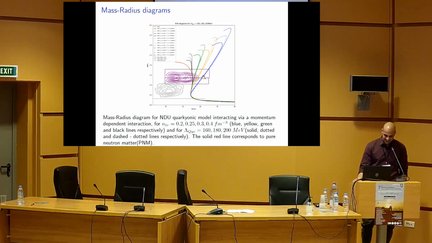We can see that for transition density about 0.25 fm^-3, our predictions are inside the observational data, but we have to ignore transition density for the value of 0.2 fm^-3.